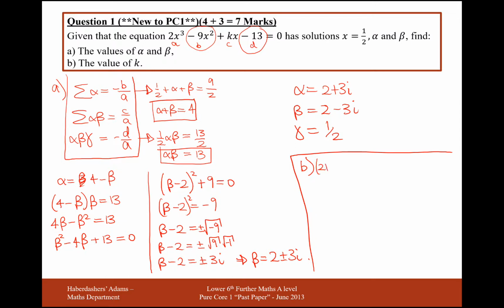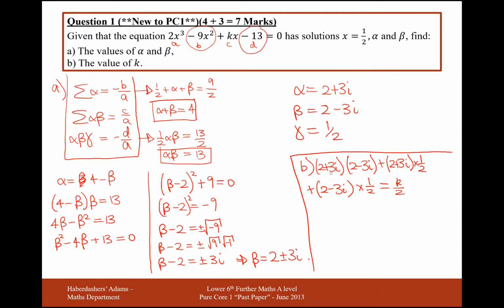So 2 plus 3i times 2 minus 3i, add 2 plus 3i times a half, add 2 minus 3i times a half. So that's added them all up together when you multiply them, 2 of them in 3 different ways. This is going to equal c over a. So c is k, a is 2, so it's k over 2.